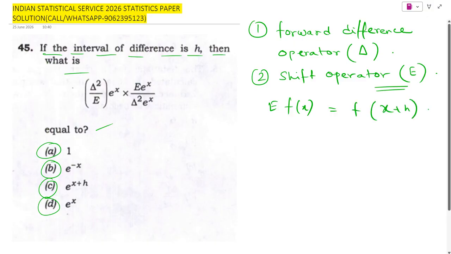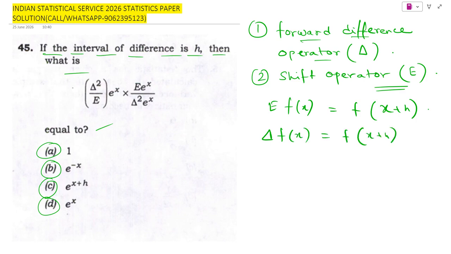Now second, we will talk about the forward difference operator, delta. When delta acts on f of x, it measures the change in the function over one interval width. So delta f of x is f of x plus h minus f of x. Notice that we can substitute f of x plus h with E f of x inside the forward difference equation.